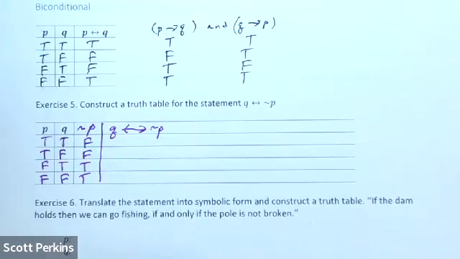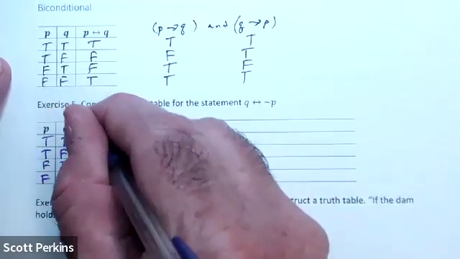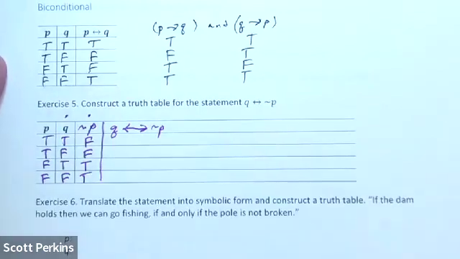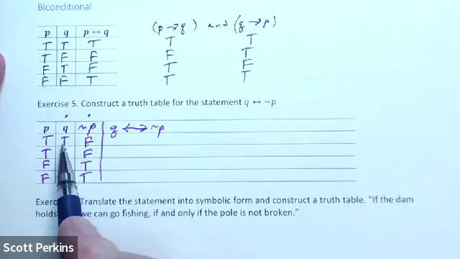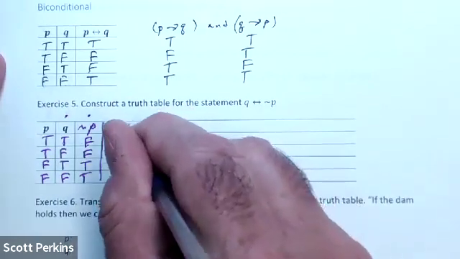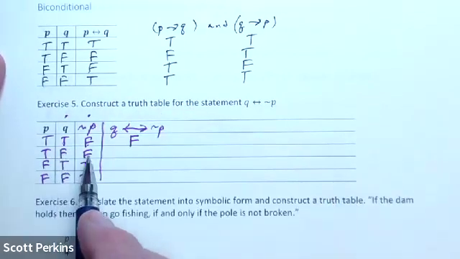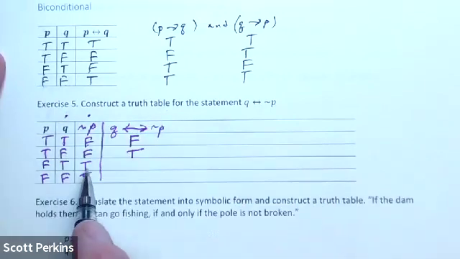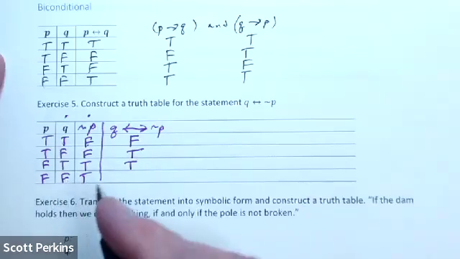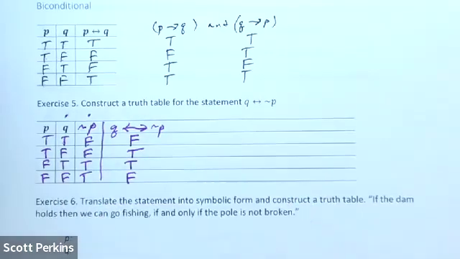Looking at Q and squiggly P: true if and only if false, those values are different. False if and only if false, those values are the same. True if and only if true, those values are the same. And then false if and only if true, those values are different. So that last one's false.